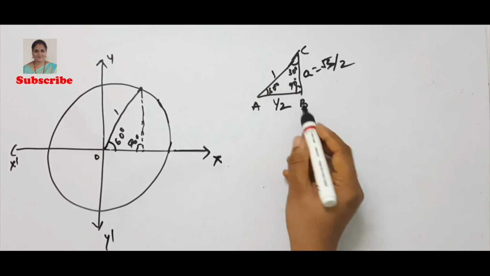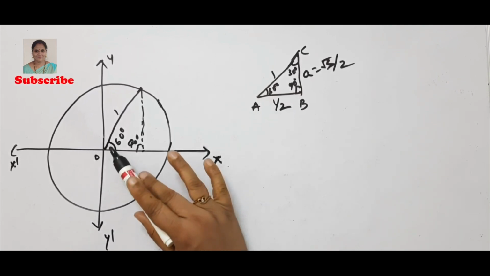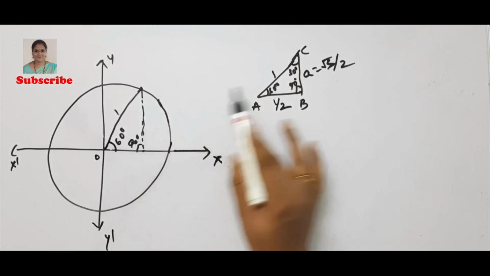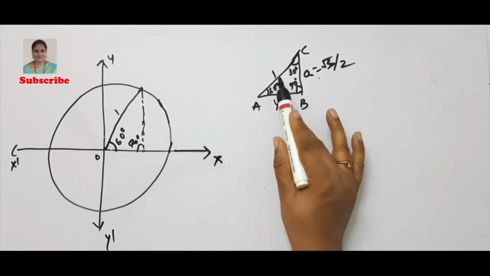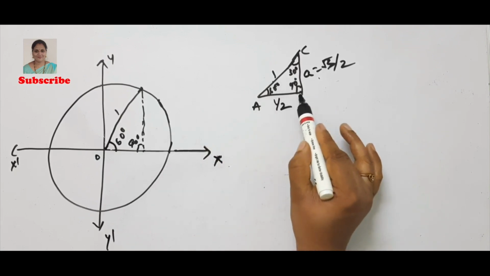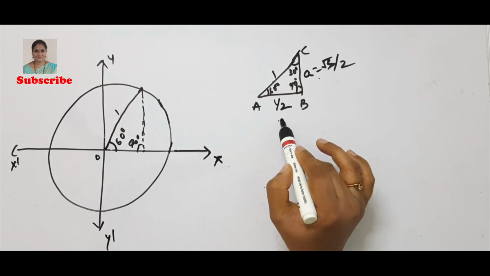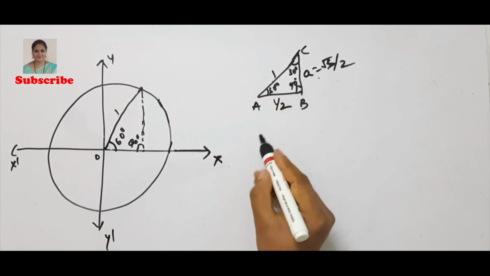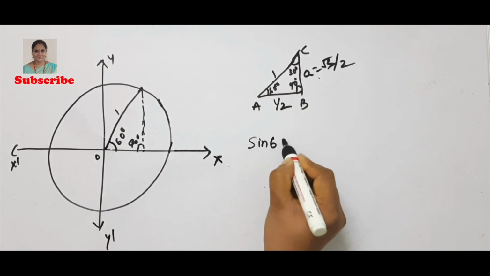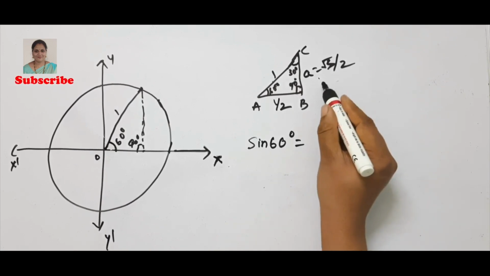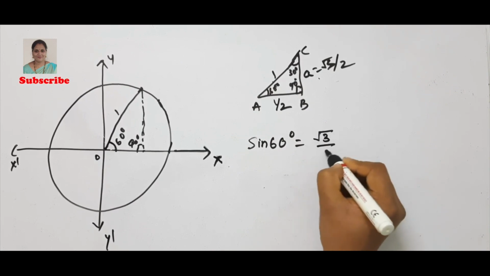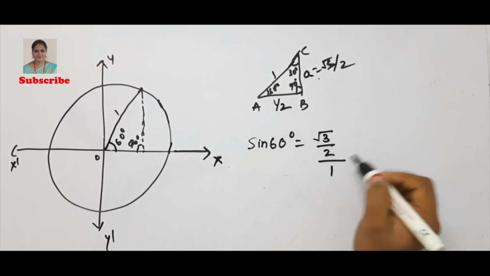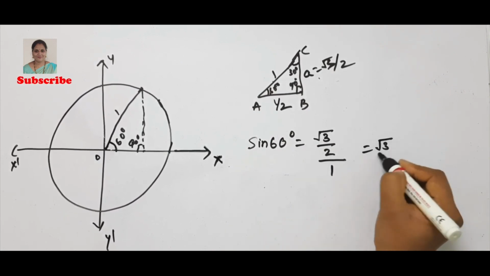So from this triangle, here we are calculating at 60 degrees. The side which is opposite to this angle will be the opposite side, the side which is opposite to 90 degrees is the hypotenuse, and this is the adjacent side. So sine 60 degrees is equal to opposite side by hypotenuse. We got the opposite side as root 3 by 2 and the hypotenuse value as 1. So this is root 3 by 2.